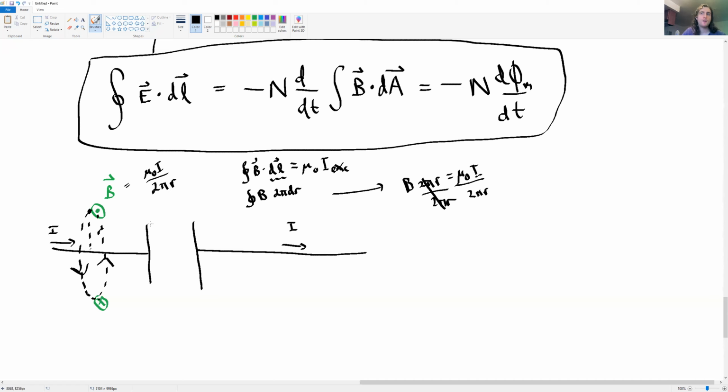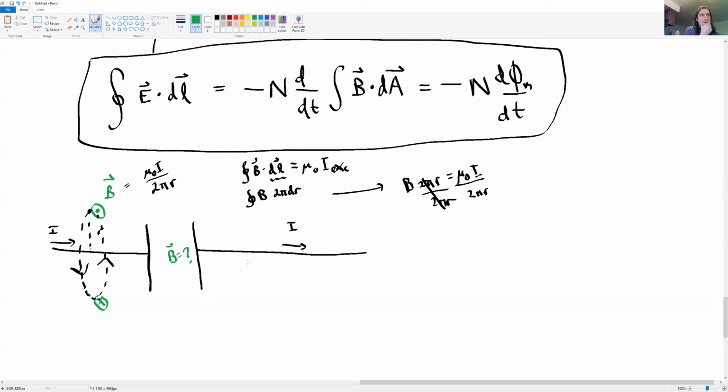Faraday's law says that if we have changing magnetic flux, we should also have an EMF. Okay, so there's a problem here with Ampere's law, and the problem is, what is the magnetic field inside this region here? Let's try to illuminate the problem.